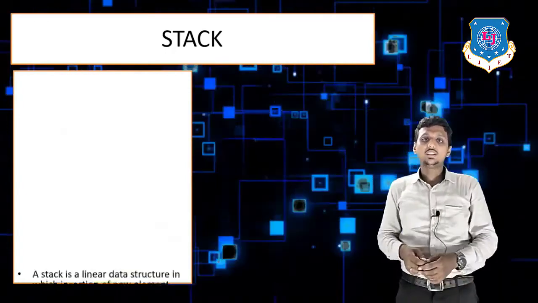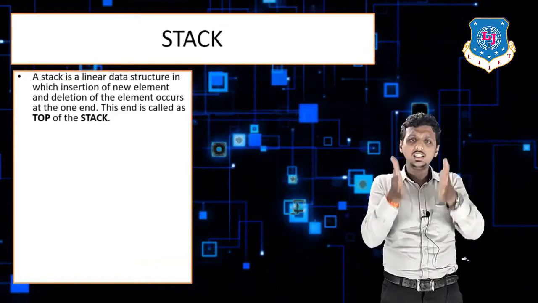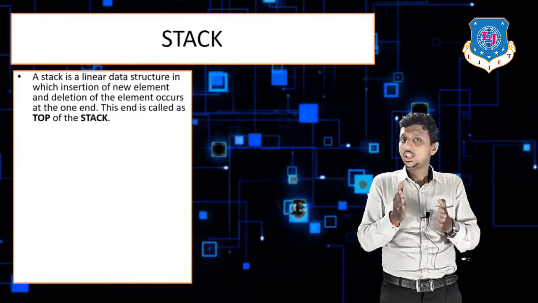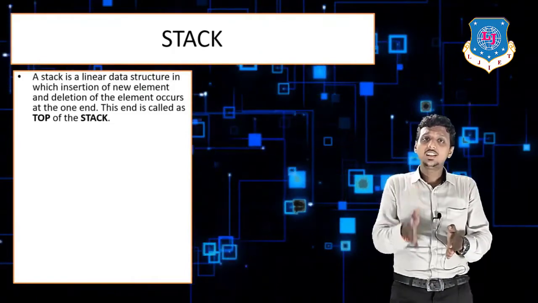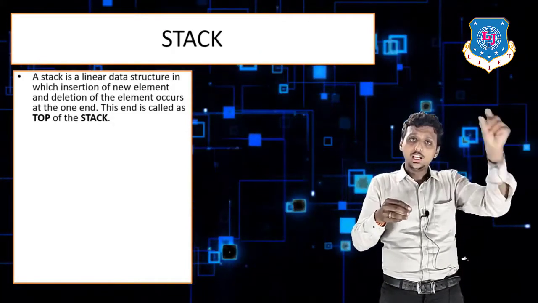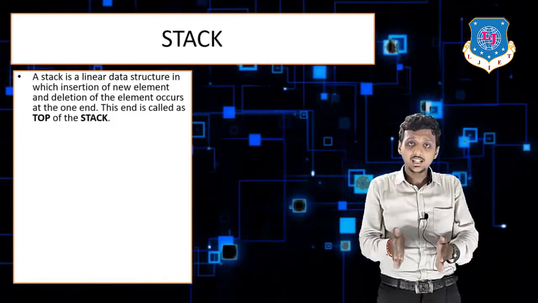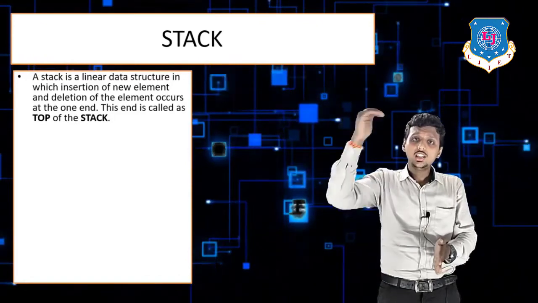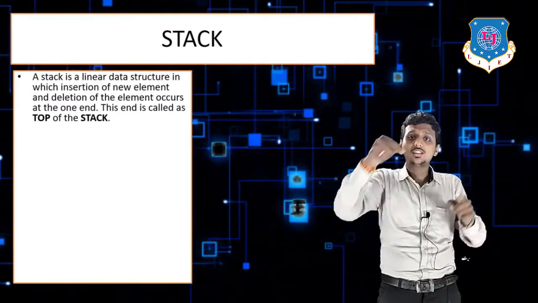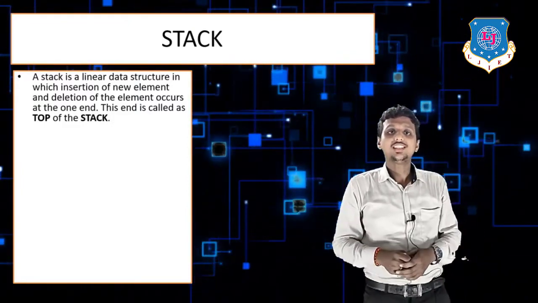Now let me tell you the definition of stack. Stack is a linear data structure in which insertion of a new element or deletion of an element can occur at only one end, and that end is known as the top of the stack.